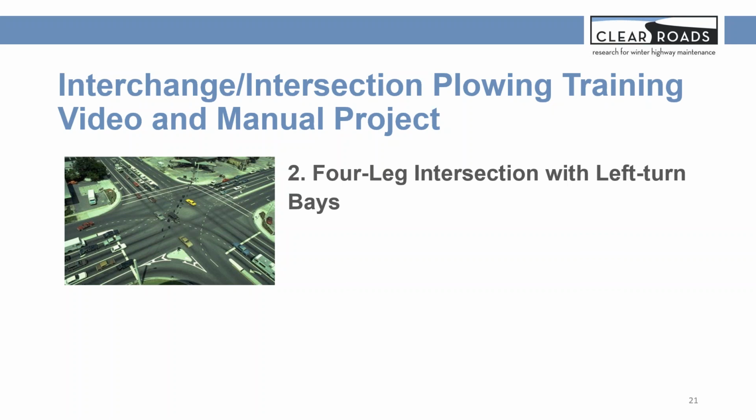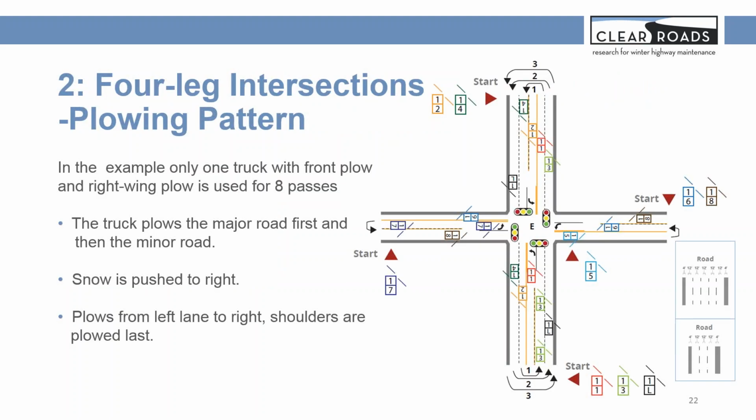The second one is the four-leg intersection with left turn bay. In our example, we still use one truck, and it passes to clear this intersection. The truck crosses the major road first, and then clears the minor roads.